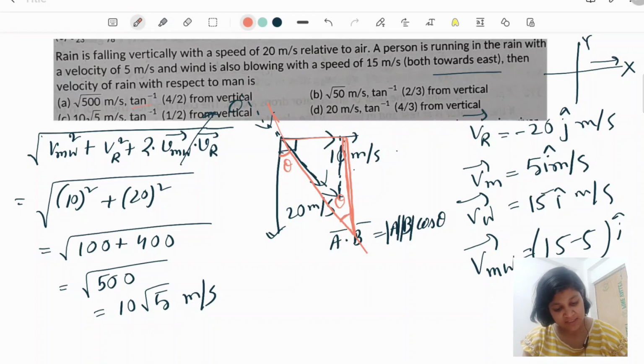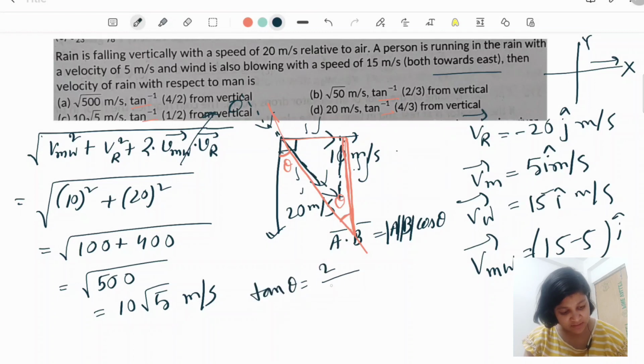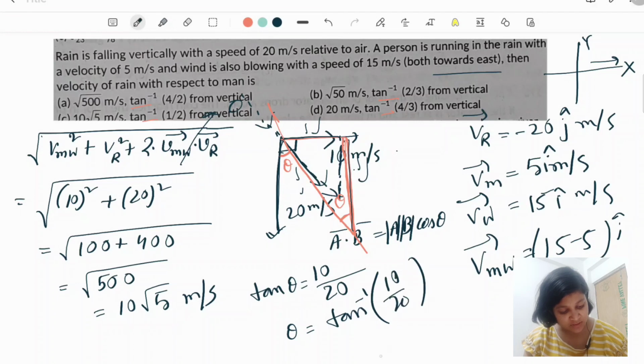In terms of tan, as in all the options they have given in the form of tan, that is why we are writing in terms of tan. So you can see that tan theta becomes this, which is 10 meter per second divided by this vertical, which is 20 meter per second, or theta becomes tan inverse 10 by 20, or tan inverse half.